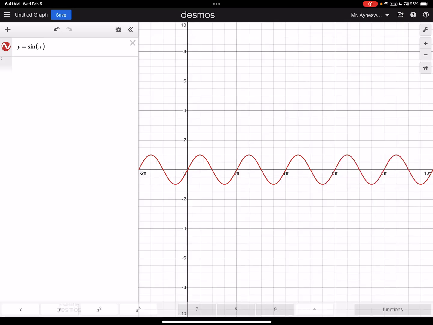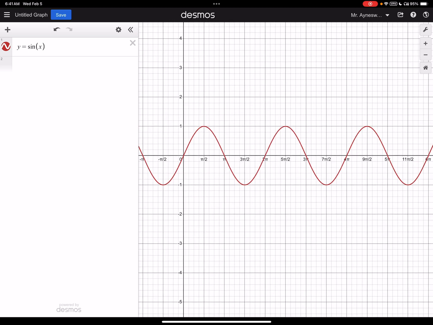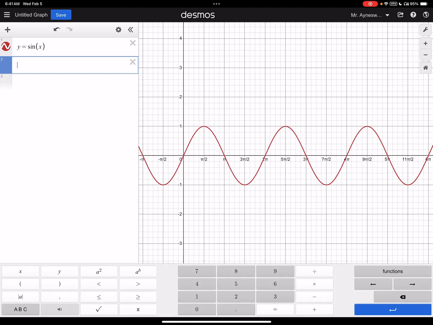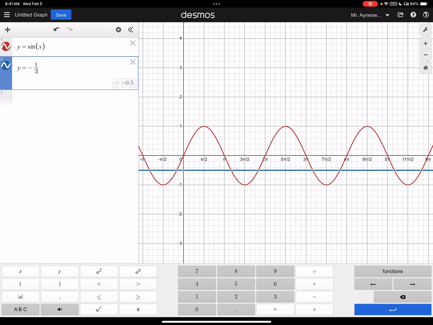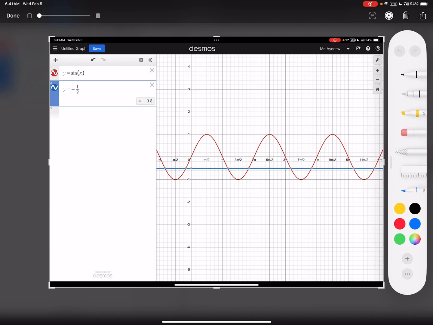So you can see how it oscillates forever. But when is it equal to negative 1/2? Well, you just type in y equals negative 1 divided by 2. And you can see that this horizontal line at negative 1/2 intersects the sine function at many different values.